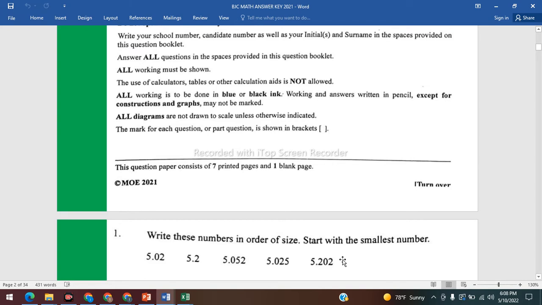Okay, 5.02, 5.025, okay. 5.052, okay. 5.2, okay. 5.202. Very good. That's correct.